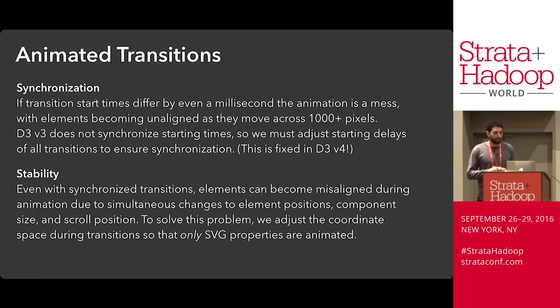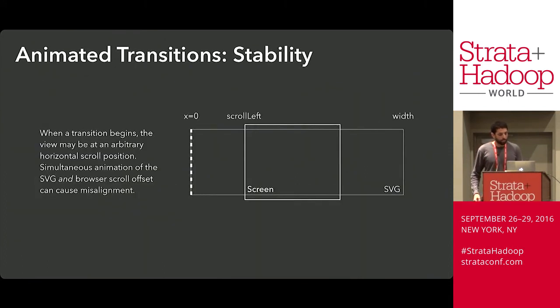Finally, the stability of the visualization. Again, we're transitioning and filtering a ton of elements on screen at once. And if you imagine doing this naively, you would animate both the SVG components as well as the browser simultaneously, which will lead to a ton of different artifacts with scrolling and perception of where these elements are. So a nice trick here is to only animate the SVG properties and completely ignore the browser properties.